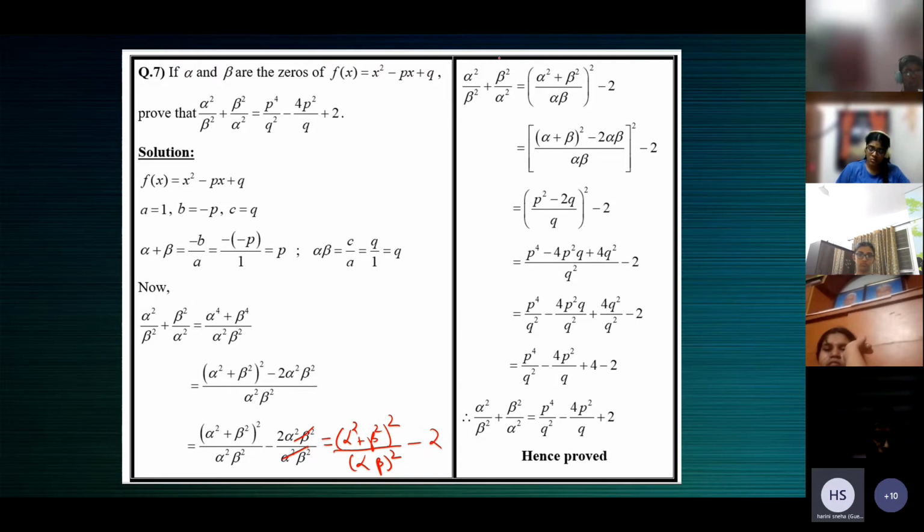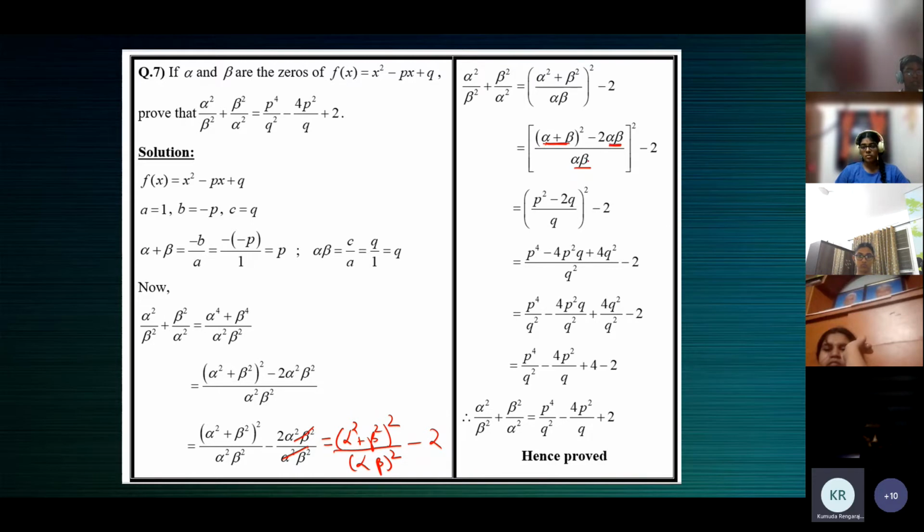Now we know that alpha square plus beta square is alpha plus beta the whole square minus 2 alpha beta, divided by alpha beta, then that whole square minus 2. Now we are done. Slowly we have introduced alpha plus beta and alpha beta. Now we have the values of these two expressions.